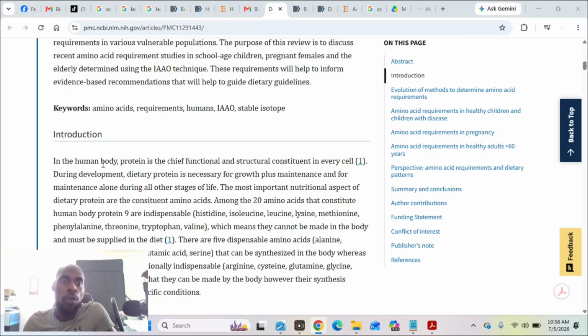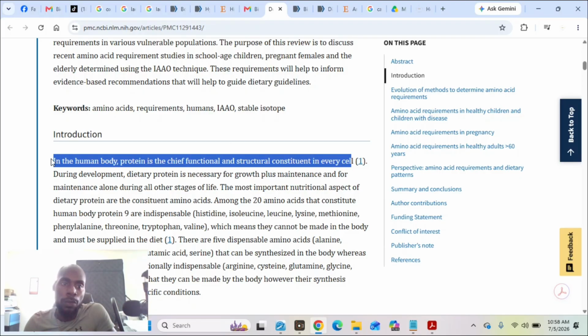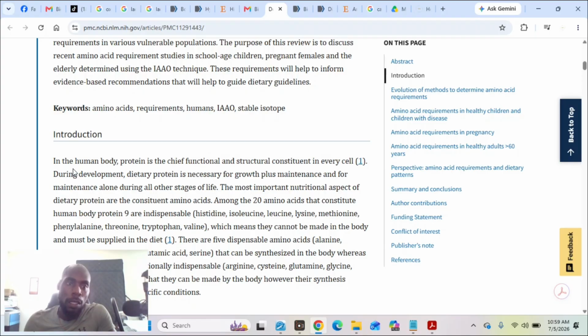In the human body, protein is the chief functional and structural constituent in every cell. I disagree with that, but when we get more into this study and the other studies associated with this, it's all going to be linked to amino acids. In the human body, protein, which we should be consuming as amino acids, is the chief functional and structural constituent in every cell.